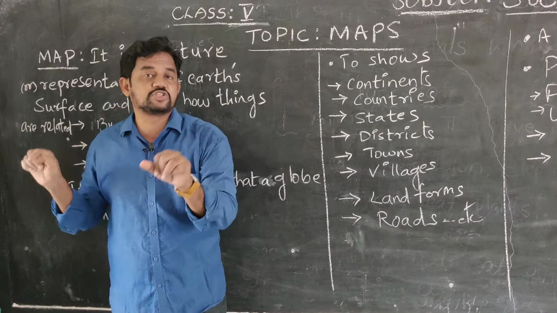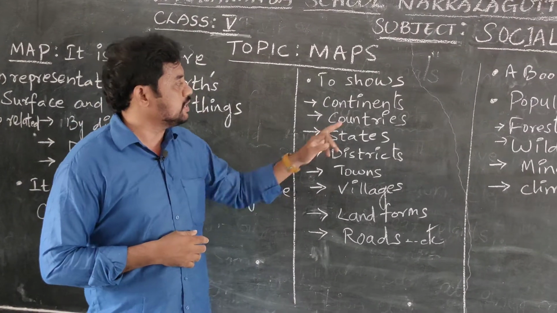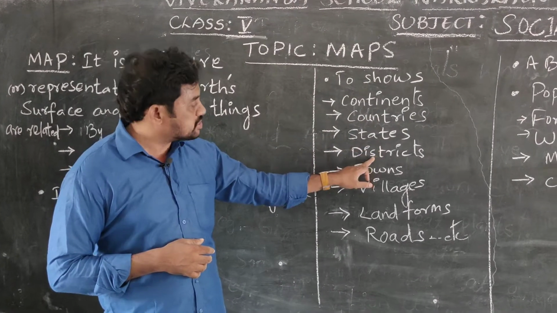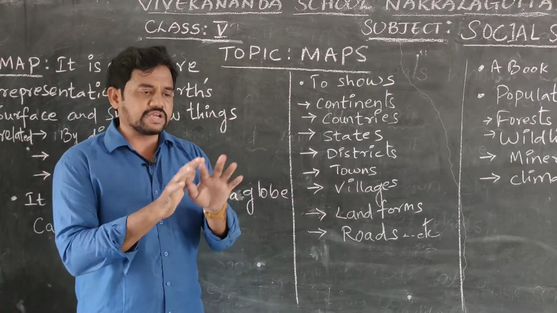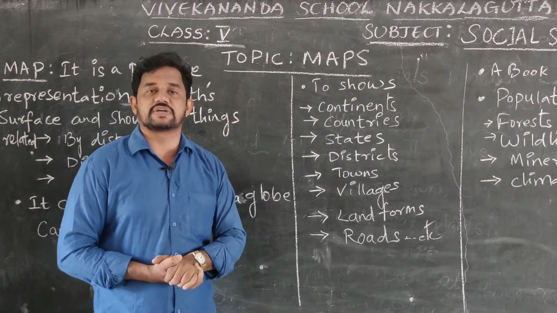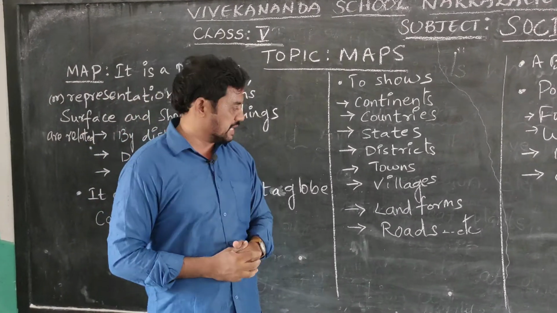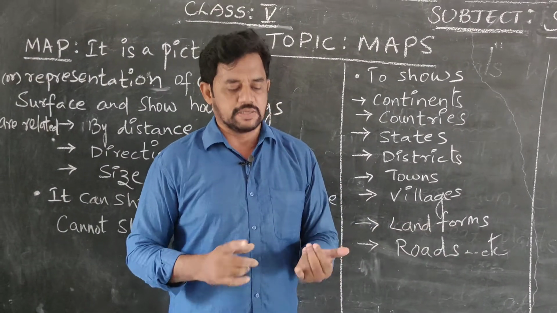Yes, the world picture, the country's picture. So that is where it shows different continents, different countries, states also, districts, even towns, and lastly the villages. Actually, we can't see a village on a globe, but maps are very favorable for us to show even the village, the location of the village also. Landforms, what are landforms? Different landforms, Nana.